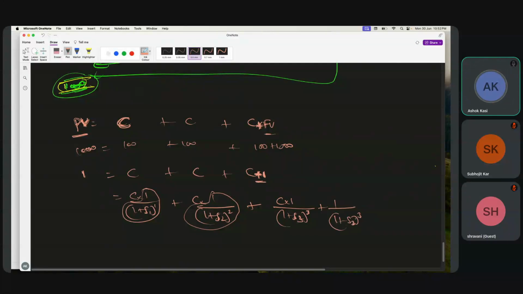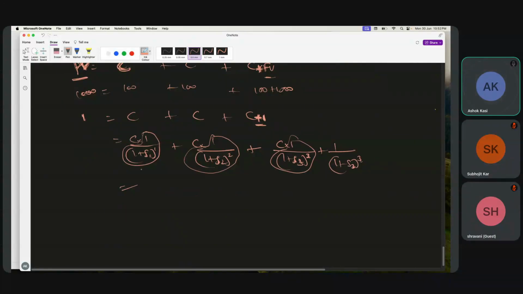So I can give a name to this as Z1, C Z1. Plus C Z2, this is my Z2, plus C Z3, plus Z3.